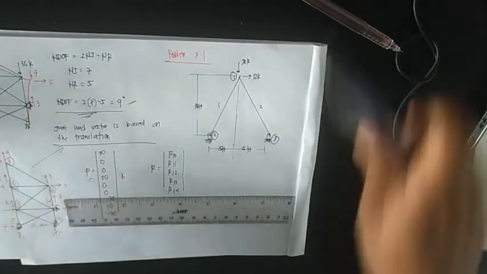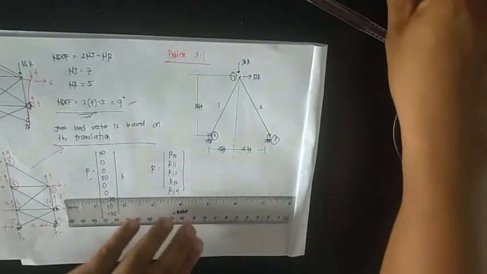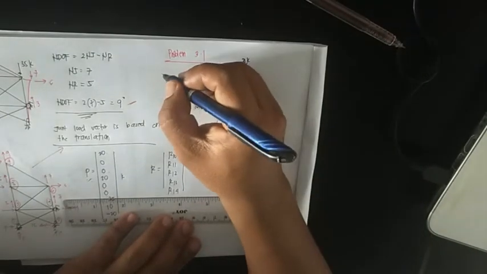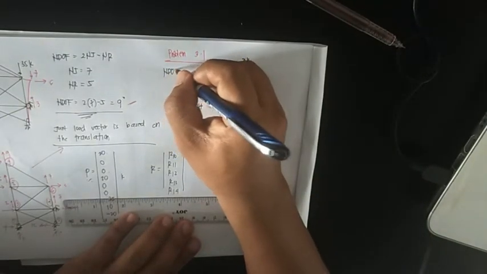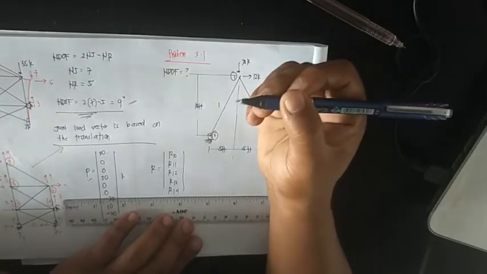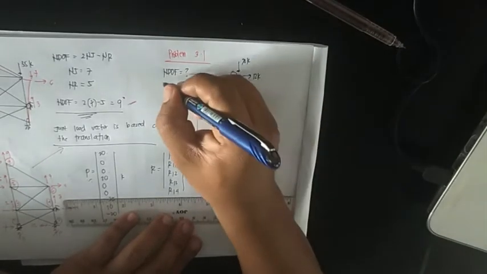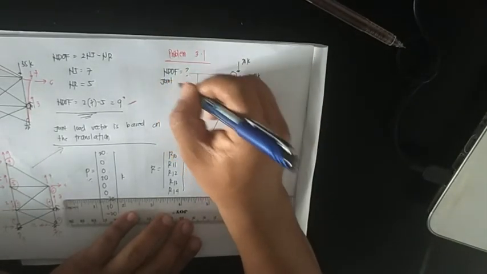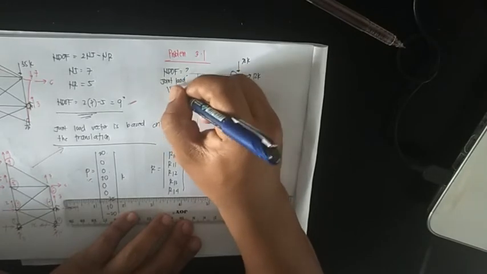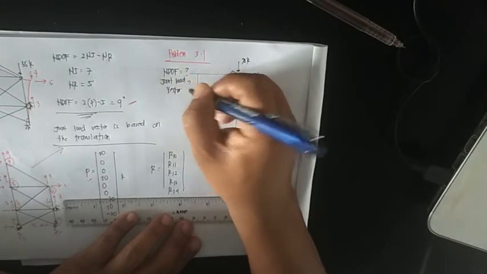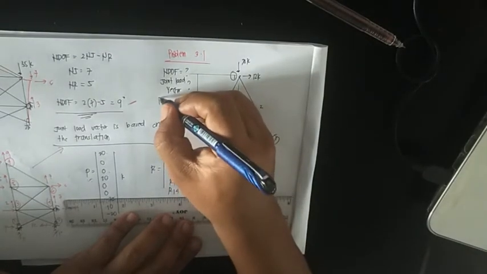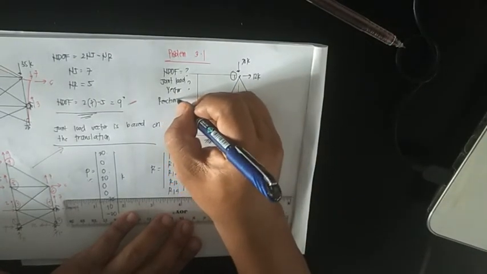So, same. What is the problem here? We want to determine the number of degrees of freedom. This is question mark. The second one is the joint load vector, and also the reaction vector.